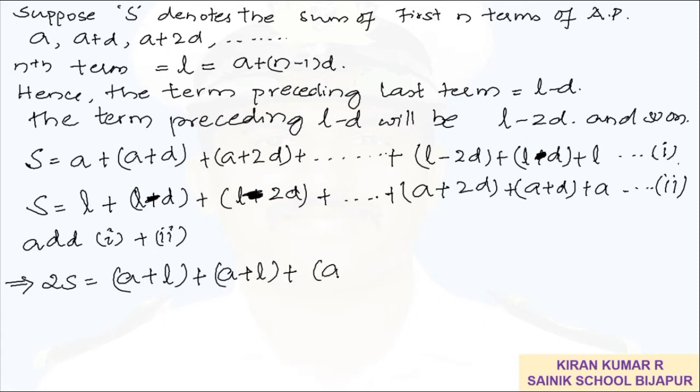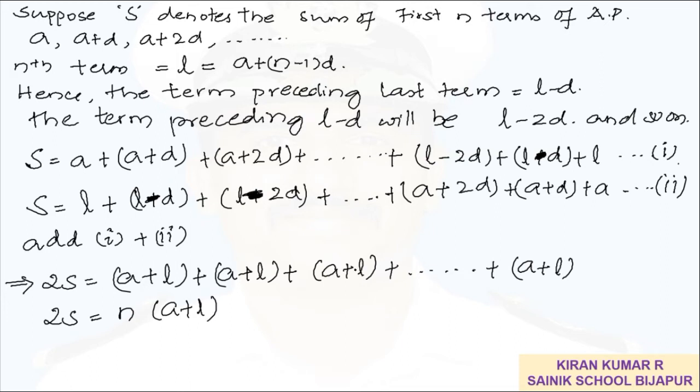The next term is also a plus l. Like that, I'll be getting the last term also as a plus l. If you count the number of times a plus l is repeated, it is the same as the number of terms in the given sequence. So I can write it as 2S is equal to n times of a plus l.